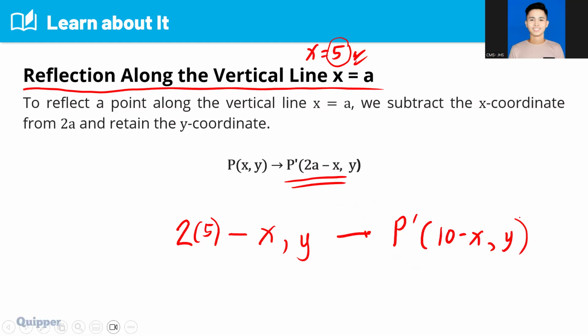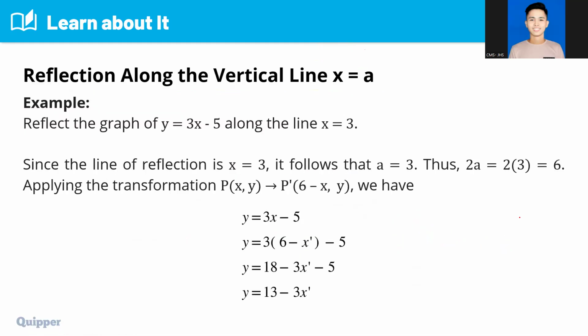Let's have an example so that you can better understand this. Reflection along the vertical line x = a. Reflect the graph of y = 3x - 5 along the line x = 3. So we are reflecting along a vertical line x = a, right? And in this case, a is 3.